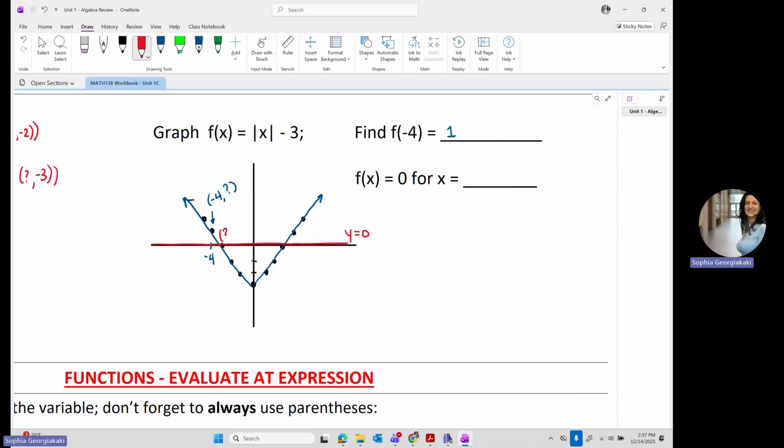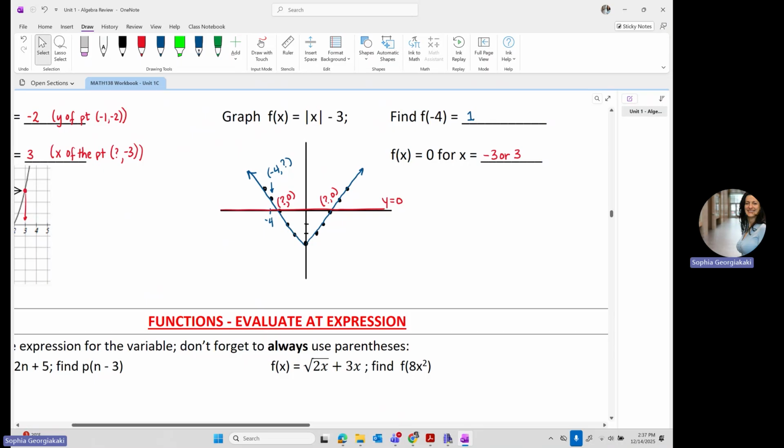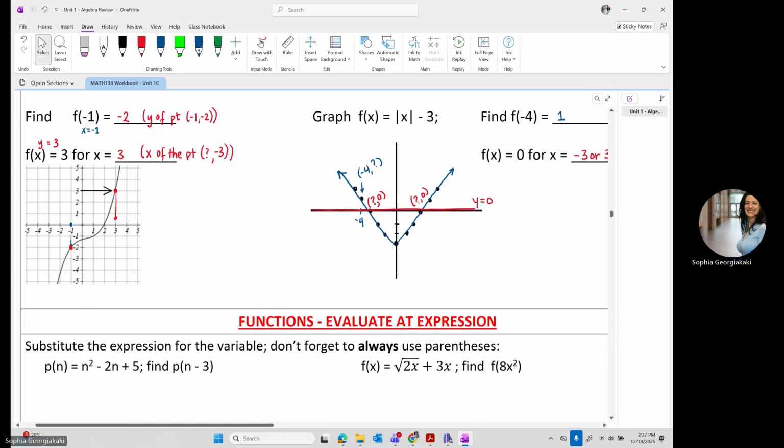I had a question mark for the x and a 0 for the y, and a question mark here for the x and a 0 for the y. And the question is, what are these x's? And there are two x's, x equals -3 or x equals +3. This is not a one-to-one function. The value of y equal to 0 did not come from only one x.